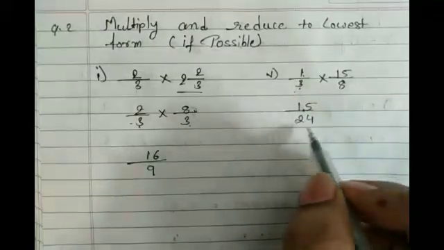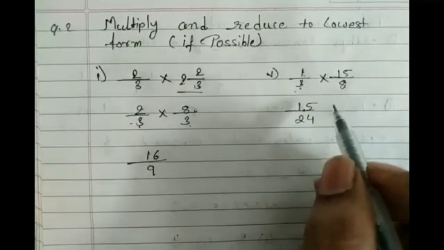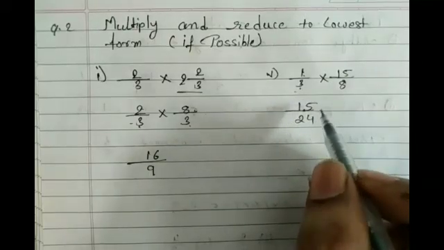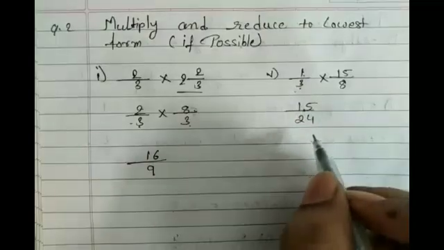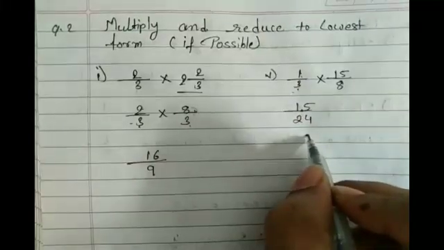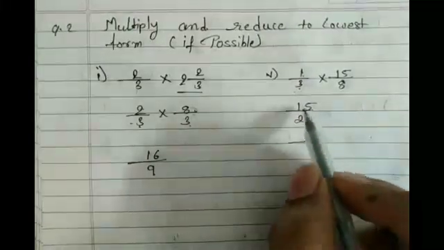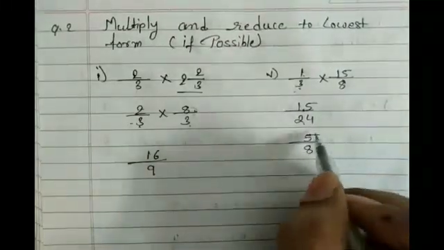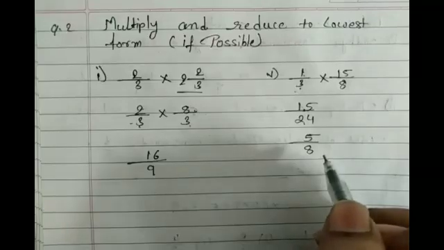Now it is possible to convert into the simplest form, yes, because both numbers 15 and 24 are divisible by 3. So divide 15 with 3, so we get 5, and when we divide 24 with 3, we get 8. So our answer is 5 upon 8.